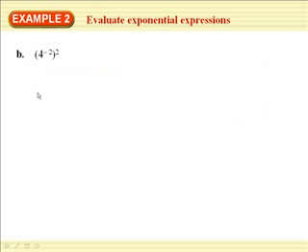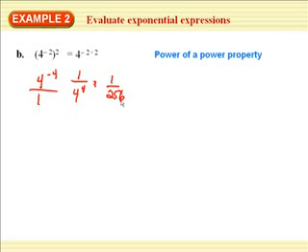Okay, this one we multiply. It's going to be 4 to the negative 4. And we need to draw our line because remember this is like a fraction, so to make it positive it's got to go on the bottom. And 4 times 4 times 4 times 4 is 256. So 1 over 256.